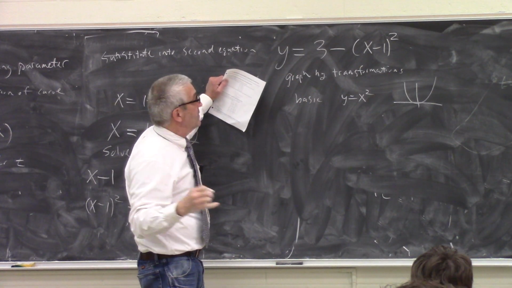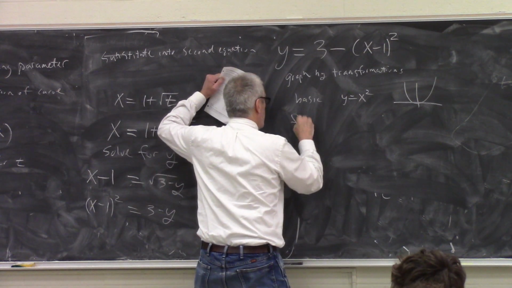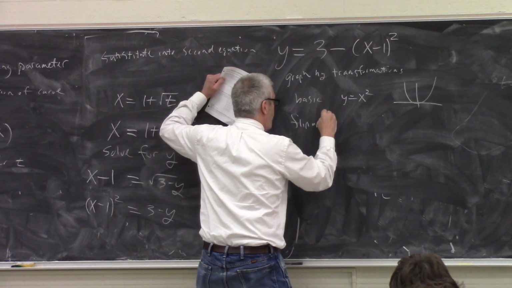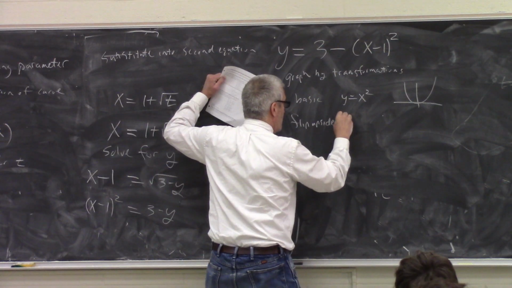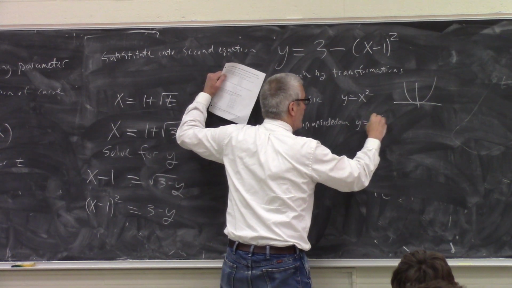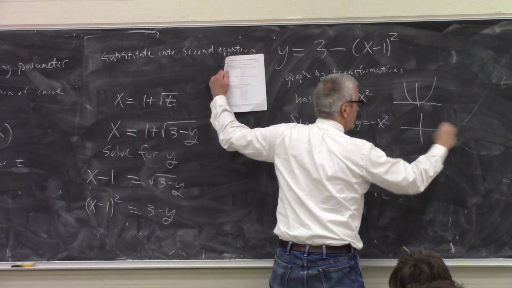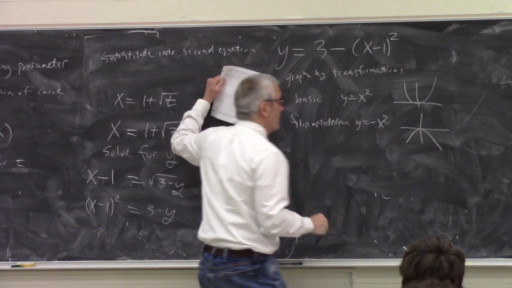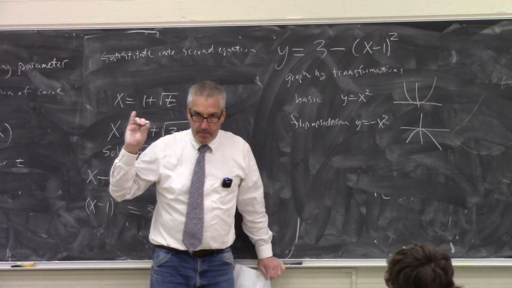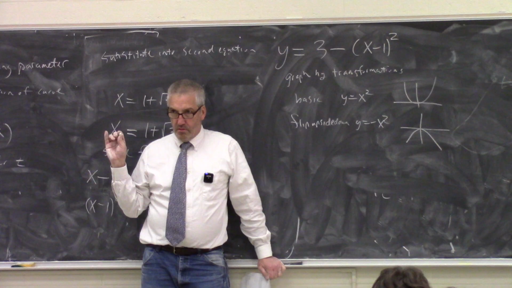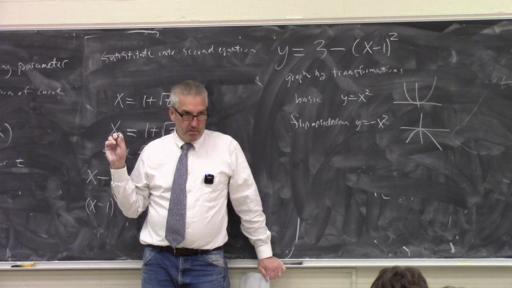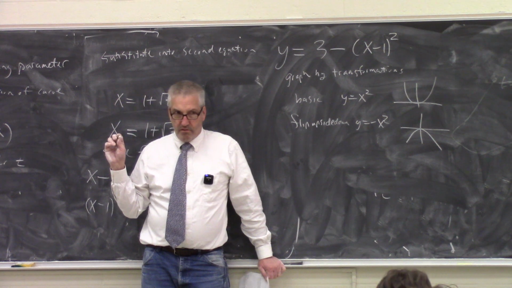Flip it upside down. What's the formula for that? Y equals minus x squared. So then we get this. Somebody else, what's next? I'm going to get some more hands in the air.